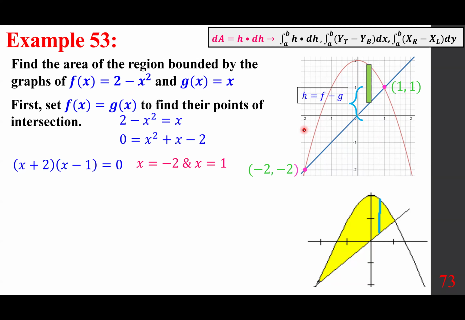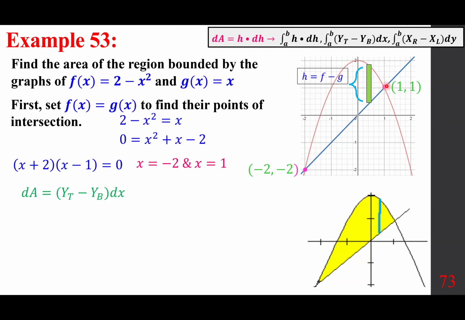As I mentioned, if we look at this one, the top comes from the curve f and the bottom comes from the line g. So h is f minus g, and dA is y of the top minus y of the bottom times dx. This thickness dx, because you're going to move it along the x-axis, sweeping it to cover this region.